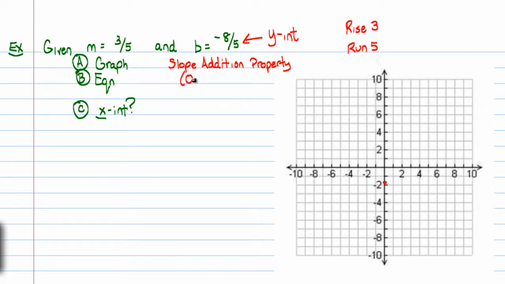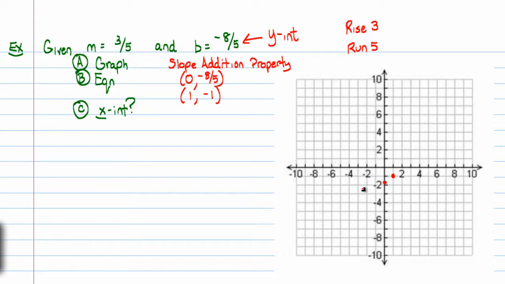So if I'm standing right now at 0, -8/5, and I increase the x value by 1, well then all I'm going to do is add the slope to this y value. Well, currently the y value is -8/5. Adding 3/5 to that will get me to a -5/5, or in other words, a -1. So that's just a very nice way that you can use the slope to determine your next point.